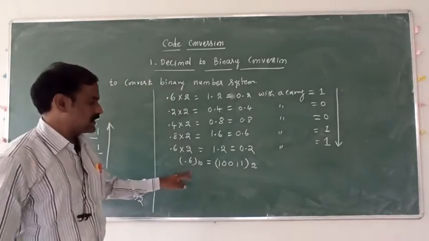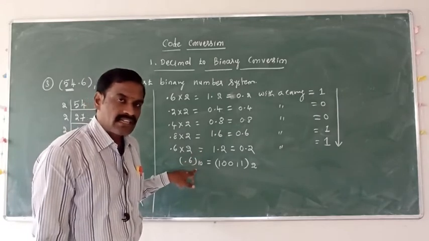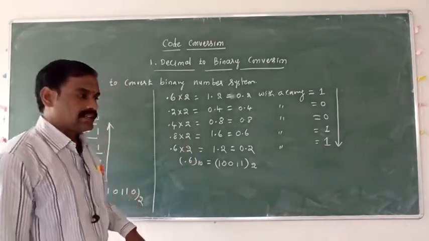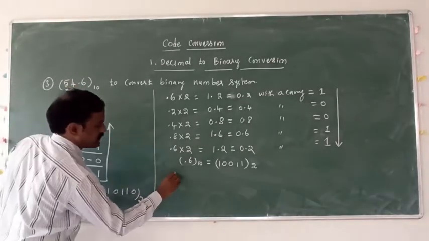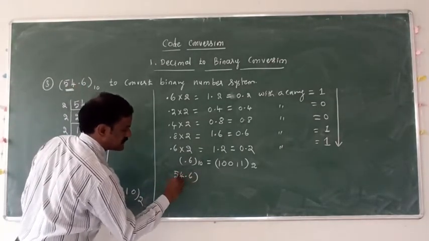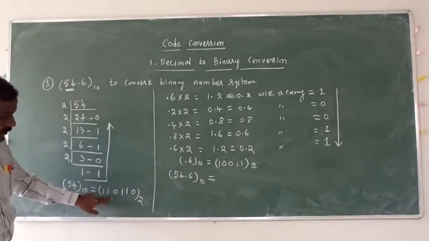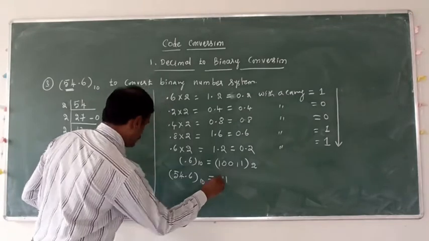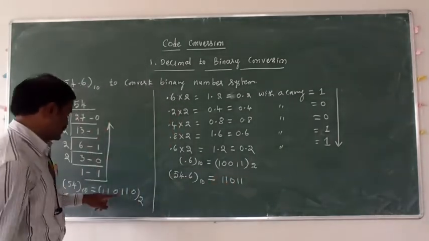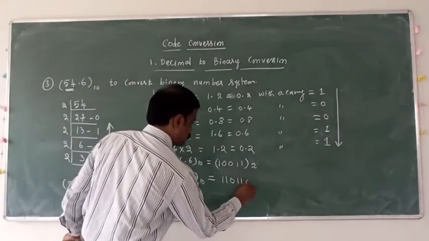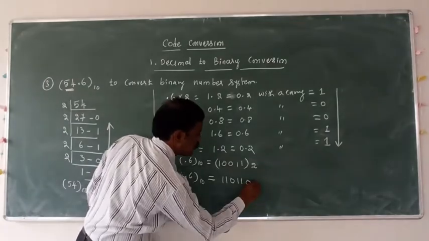This is the format to convert the given decimal number to binary. Then finally, to write the final result, 54.6 base 10 equal to the 54 corresponding binary value 1 1 0 1 1 0. Next is the decimal point.